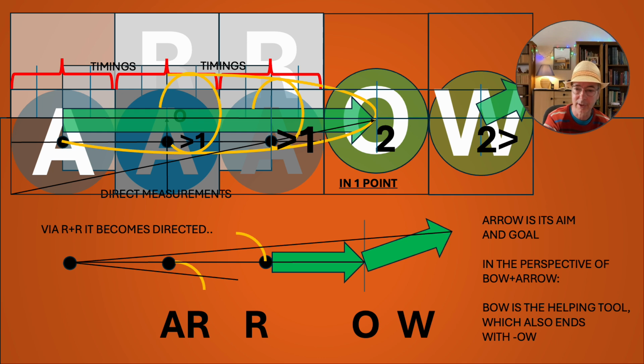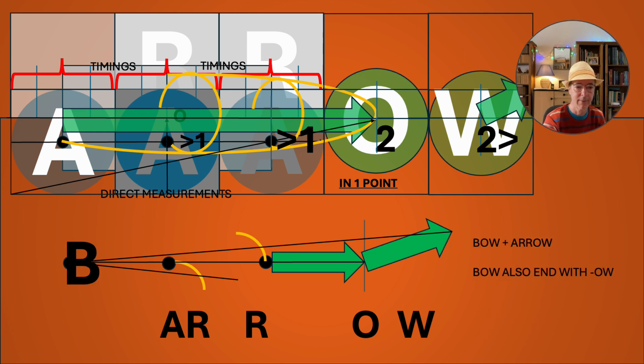And I will show you this image, because the bow is also ending in the same O, and that is also directing to the same O focus as you can see here. The B, as you can see, is just that pressure point that makes it so that the arrow indeed goes into the direction that is desired.